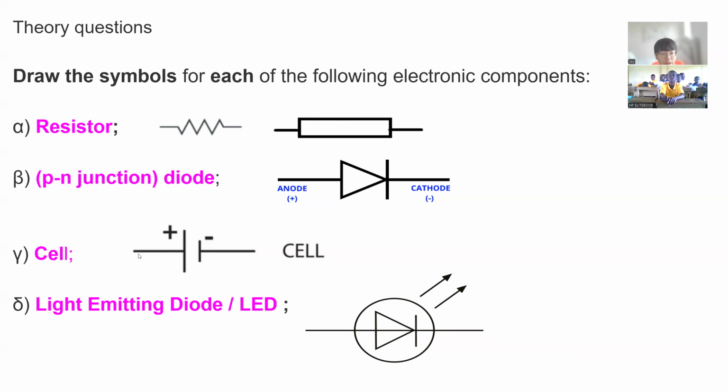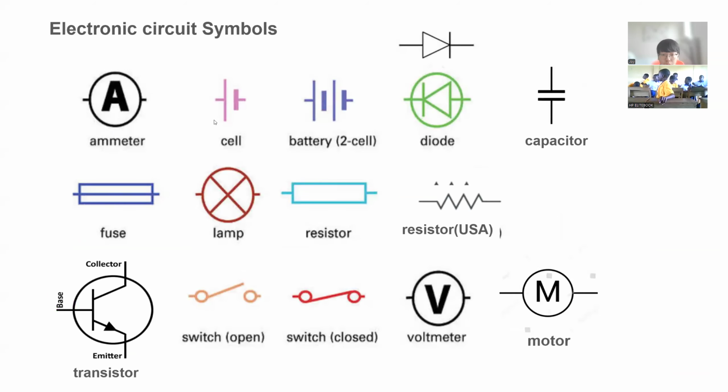Cell we've talked about is these two lines like this, and LEDs are shaped like this. The question might ask you to draw the symbols, and this is how you can do it. Just get yourself familiar with all these different shapes, since you might see them in a diagram.